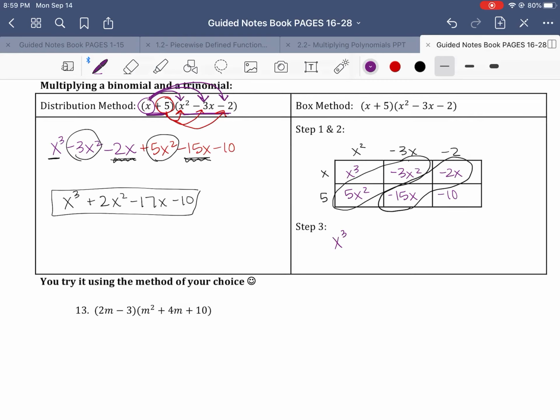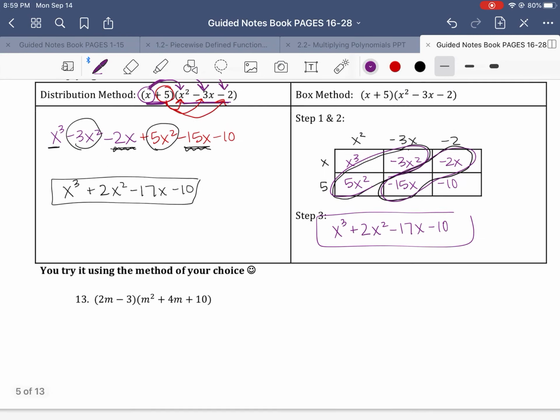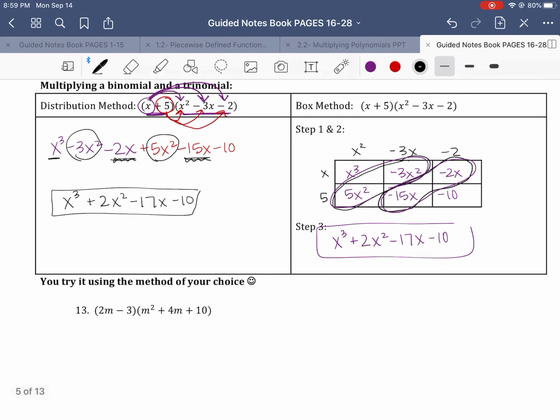Okay, then we pull them out. So we get x cubed. Then we combine that first diagonal, the 5 and the negative 3, to get a positive 2x squared. We combine the negative 15 and the negative 2x to get negative 17x, and the negative 10 comes down on its own.